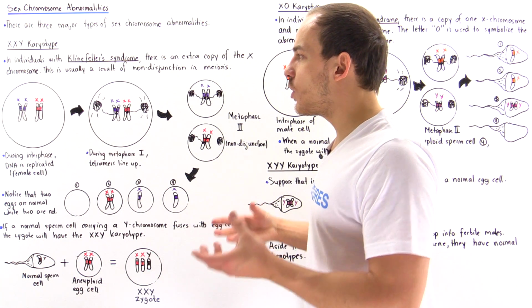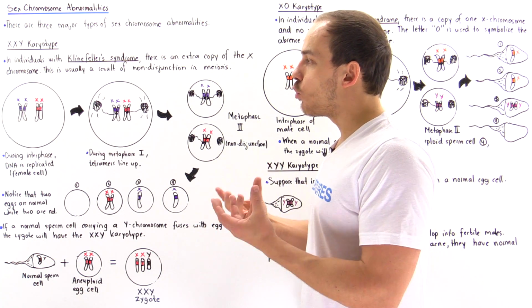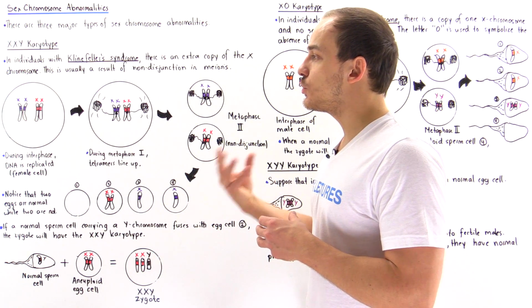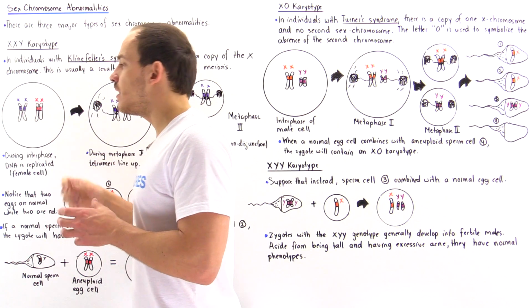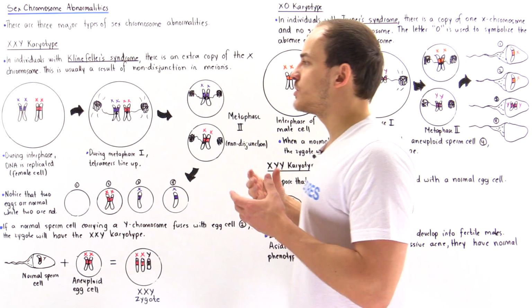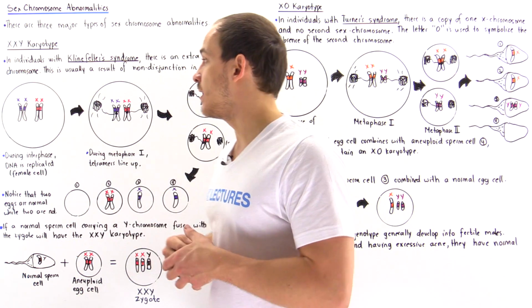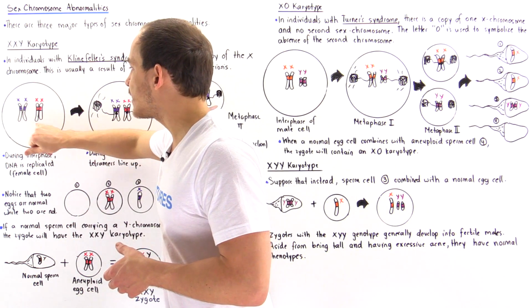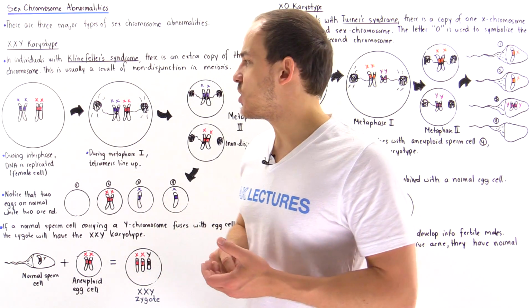So let's suppose we have a normal female individual, and that normal female individual produces X cells. So this is the precursor cell that eventually gives rise to 4 X cells. Because we're dealing with a normal female individual, we have two X chromosomes, X chromosome number 1 and X chromosome number 2.